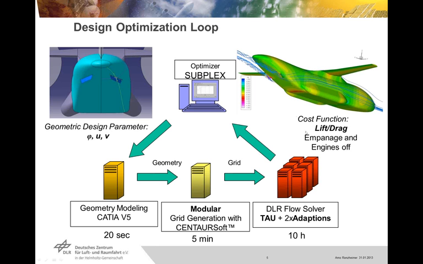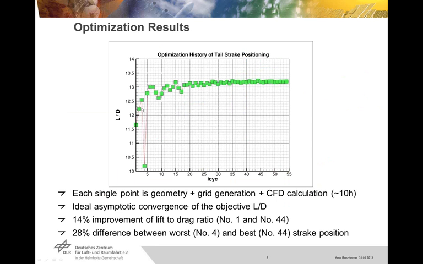And here 2 adaptations have been applied. Then finally the lift and drag ratio, which is evaluated from the flow field, is given back to the optimizer, and the optimizer decides about new design parameters for the next cycle. And here we see now the history of all these cycles. Each single point is geometry plus grid generation plus a CFD calculation, and it takes about 10 hours turnaround time.